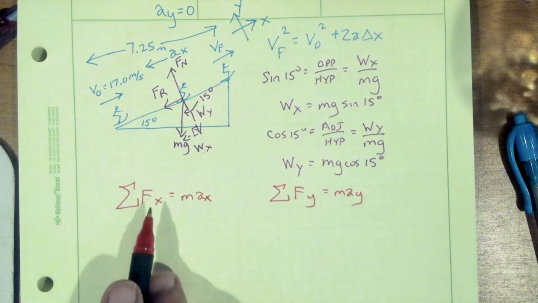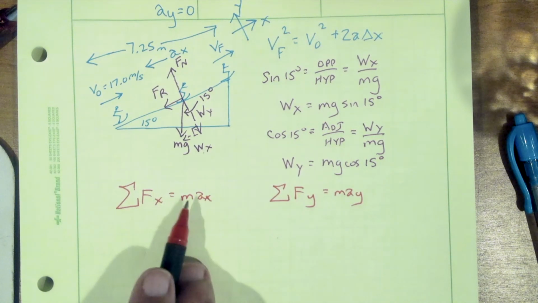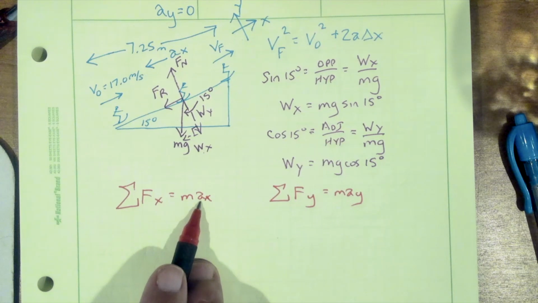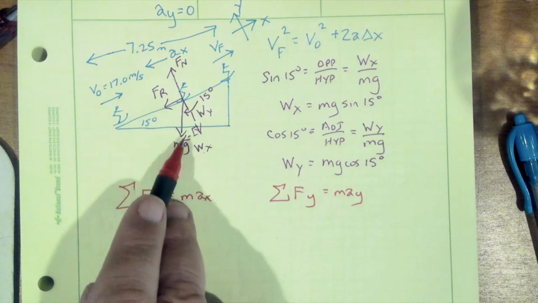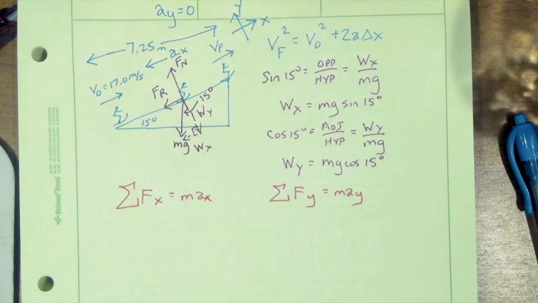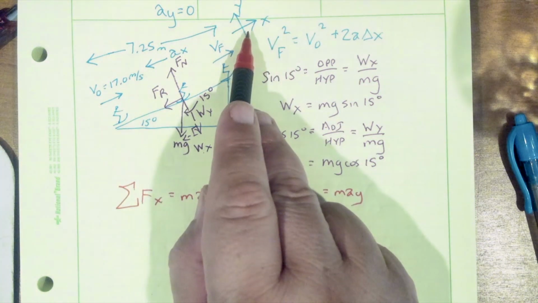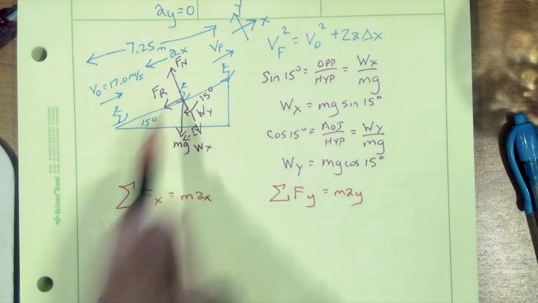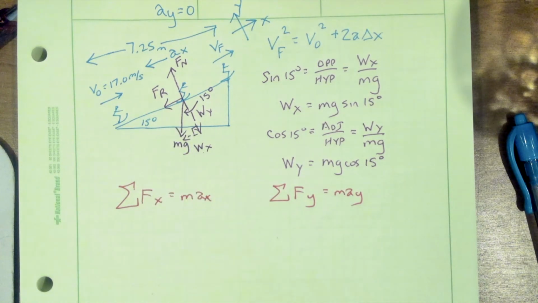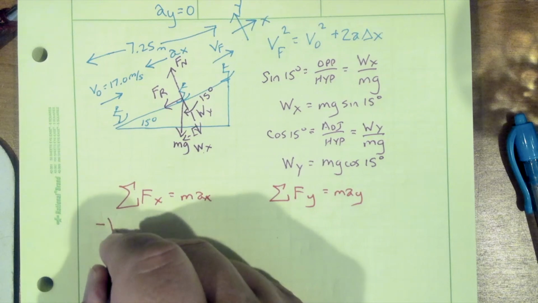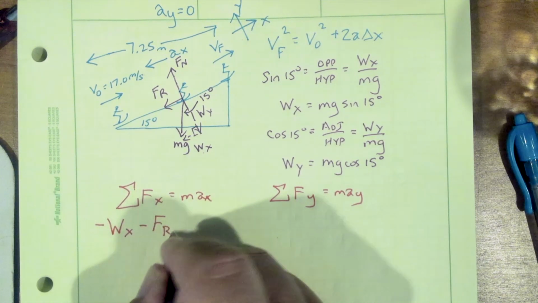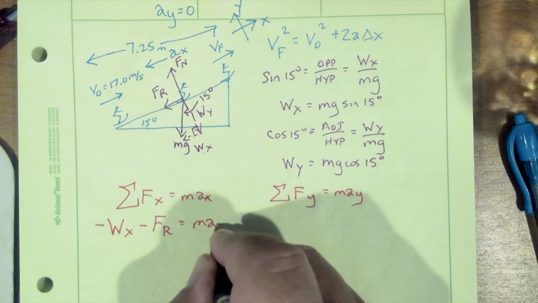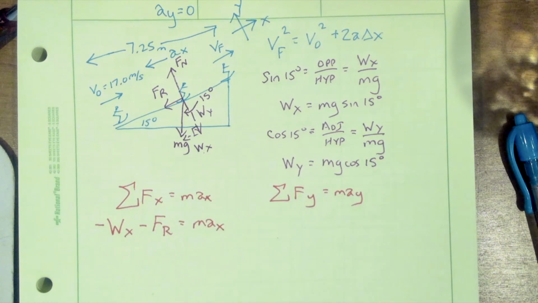So let's look first at the forces in the x direction so we can find the acceleration in the x direction. There are two forces in the x direction, and as we've defined it, they are both in the negative x direction. So adding them together, we would say negative Wx minus Fr equals mass times acceleration in the x direction.